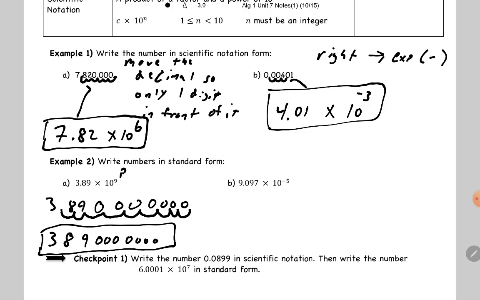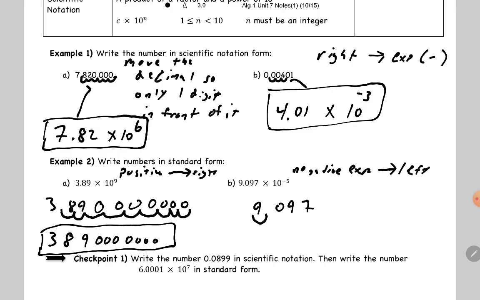So if we have a positive exponent and we're going to standard form, then we move to the right. If we have a negative exponent, we go left. Okay, so I have 9.097, and we're going to move it 5 spaces.